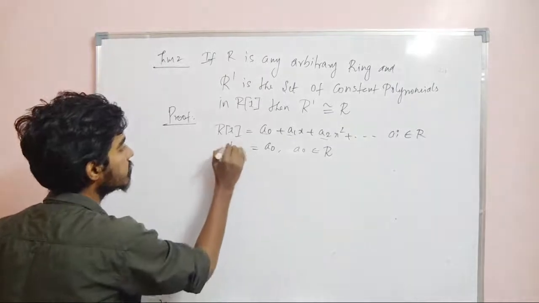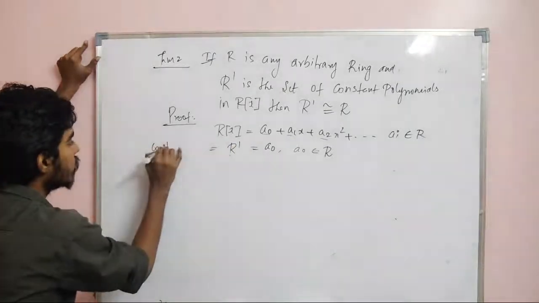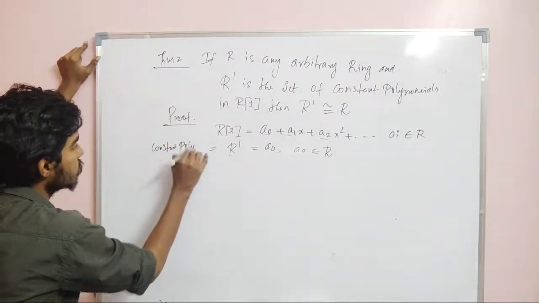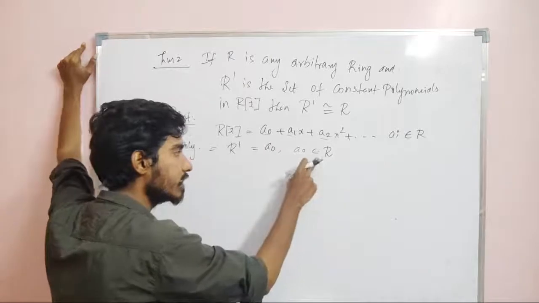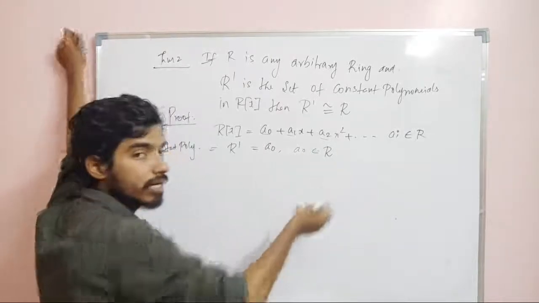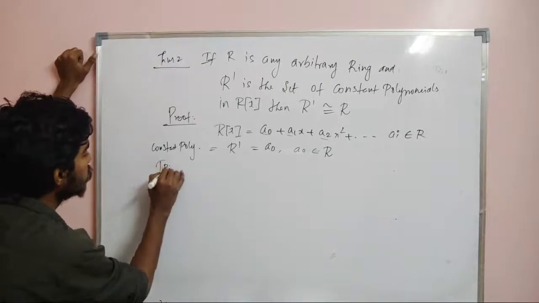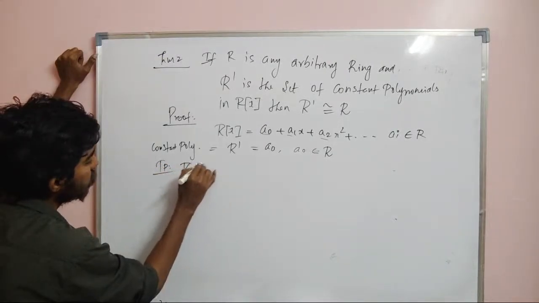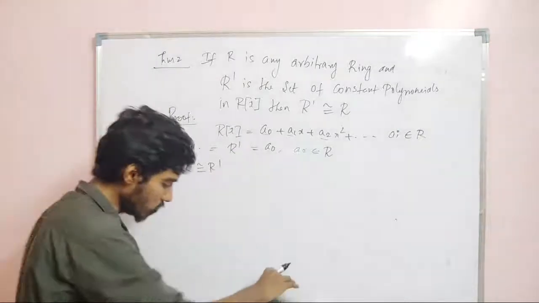R dash is the constant polynomials, which is nothing but a0, and this a0 can be any element in R. It can vary over R. What we need to prove is that the ring that we are choosing is isomorphic to R dash.